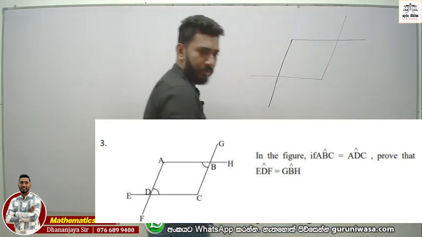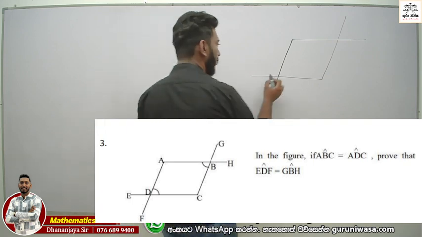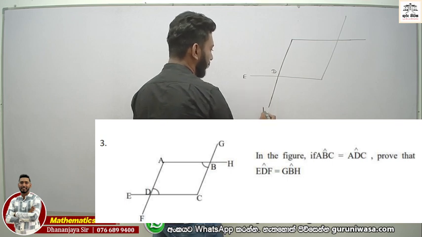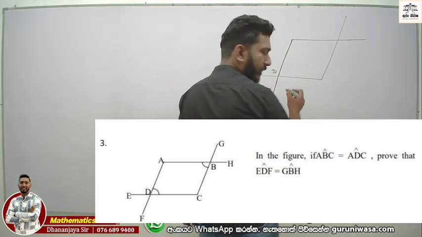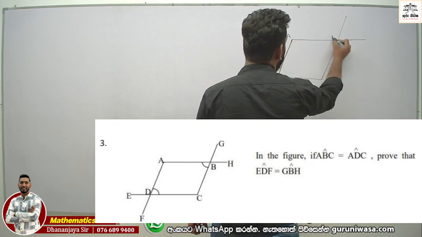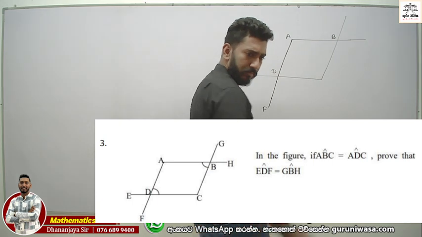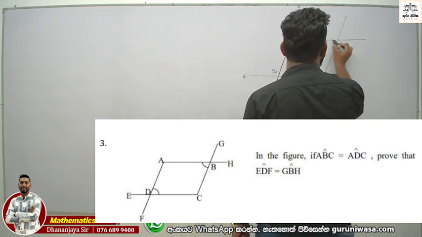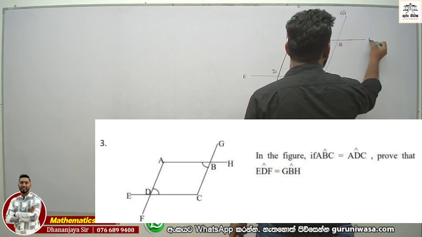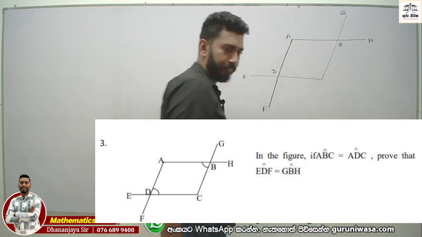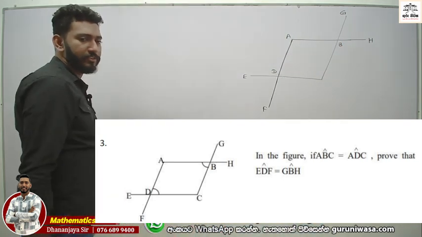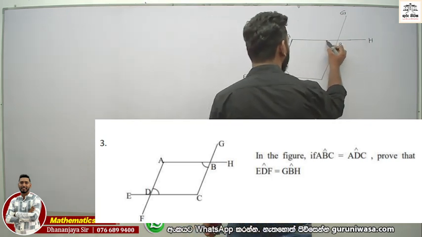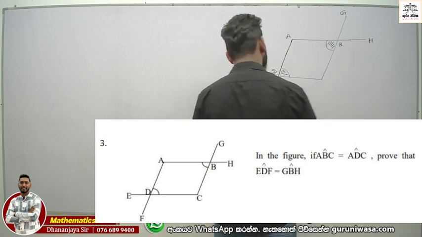Right. And this is a figure with D, EDF, and AB, GH. Right. Now listen. Now the question is these two angles are equal.